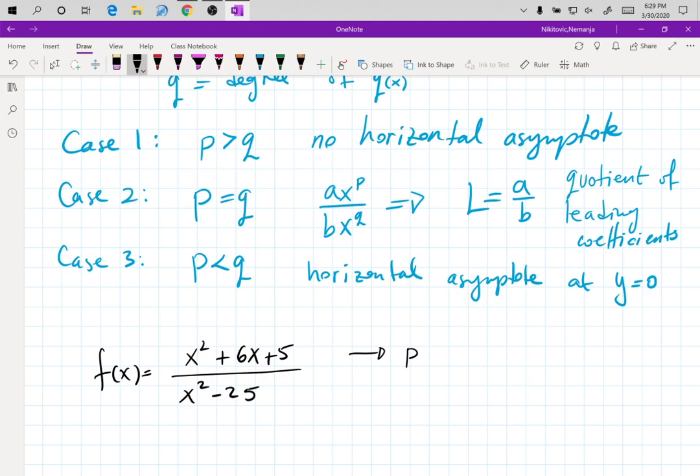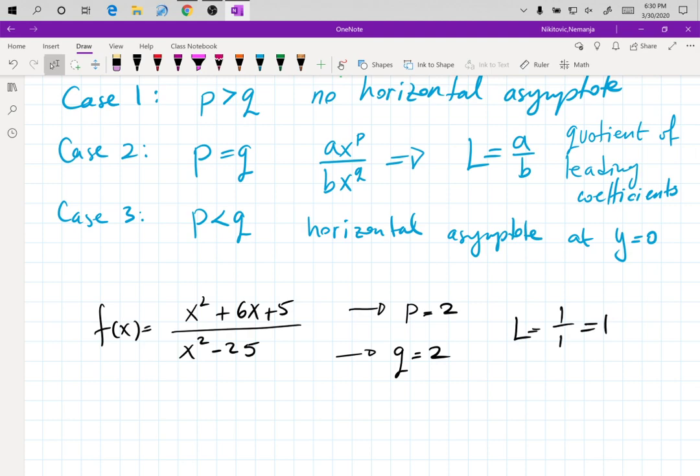In this case, p and q equal 2 each. Those are our exponents. That means that the L we're looking for is 1 divided by 1, which is 1.